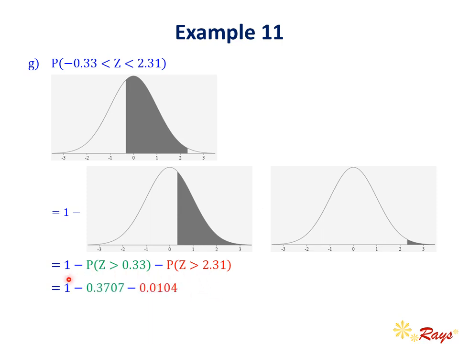From the standard normal table, the probability for Z greater than 0.33 is 0.3707, and the probability for Z greater than 2.31 is 0.0104. Therefore, the probability for Z between negative 0.33 and 2.31 is equal to 1 minus 0.3707 minus 0.0104, and it comes to 0.6189.